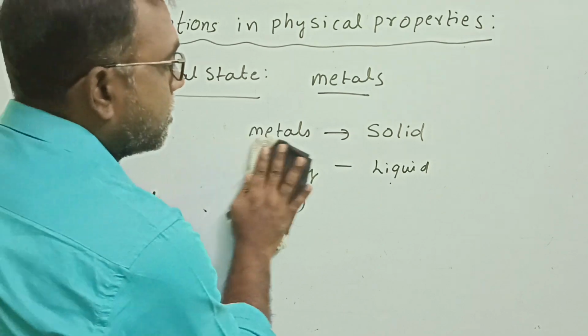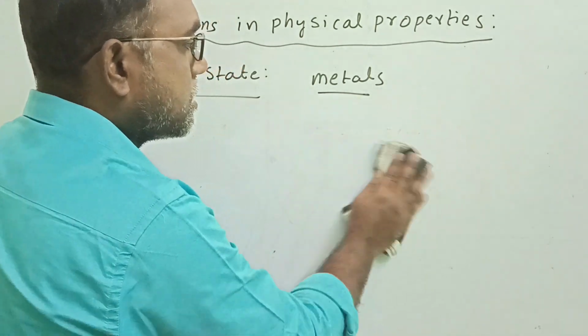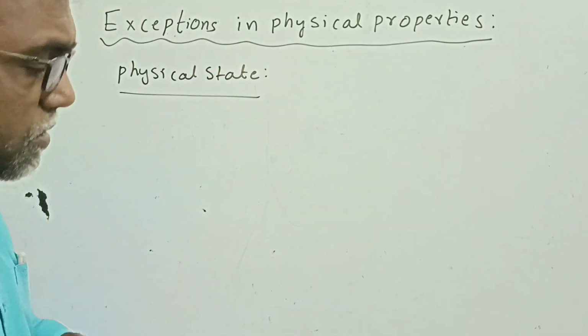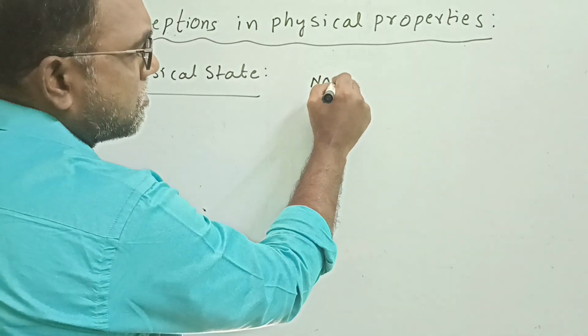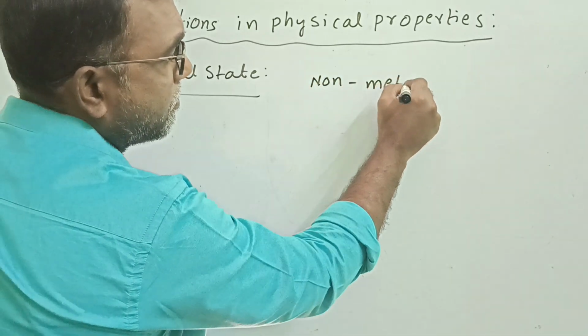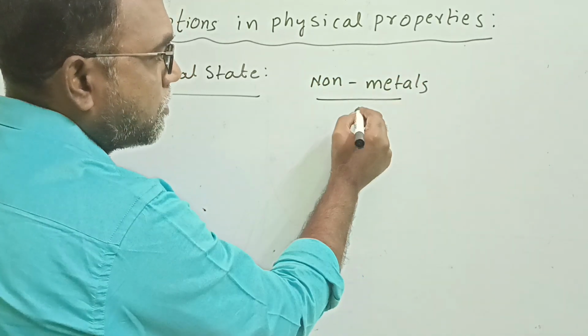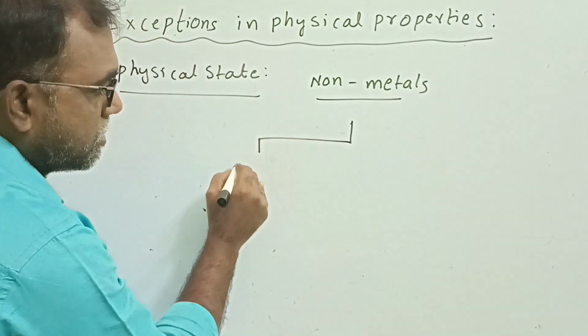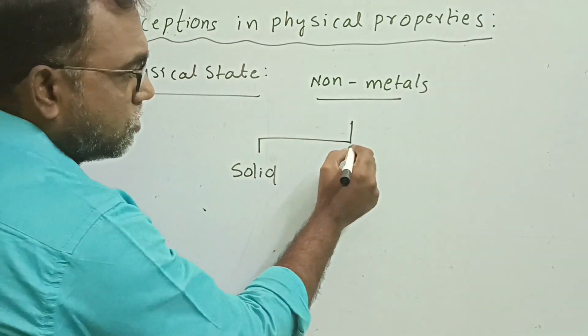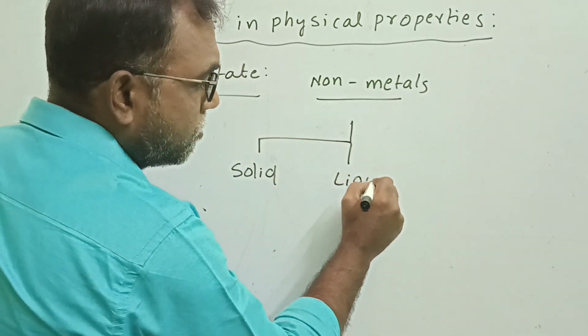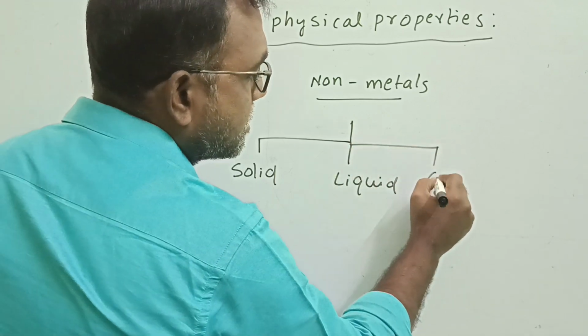Now we'll start with the non-metals. When you come to the non-metals, you can see three states: solid state also, liquid state also, and gaseous state also.